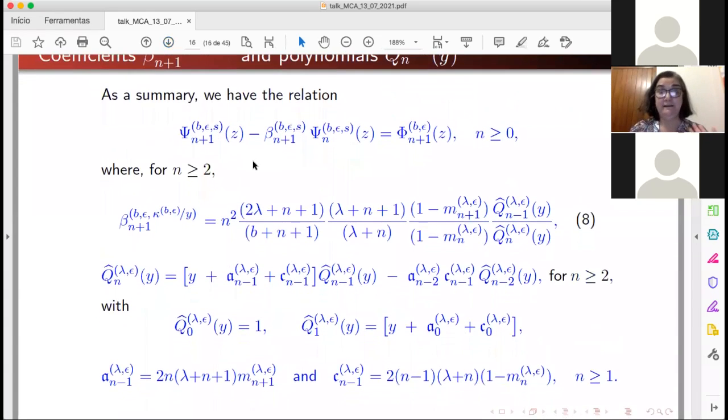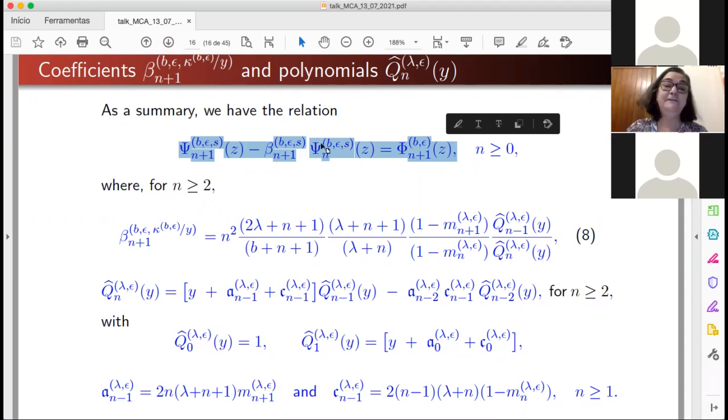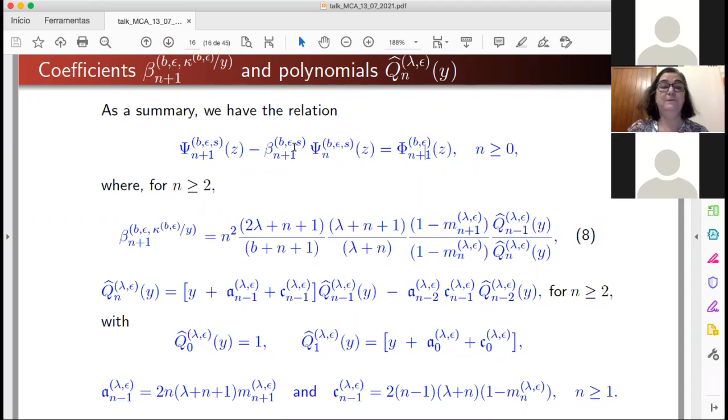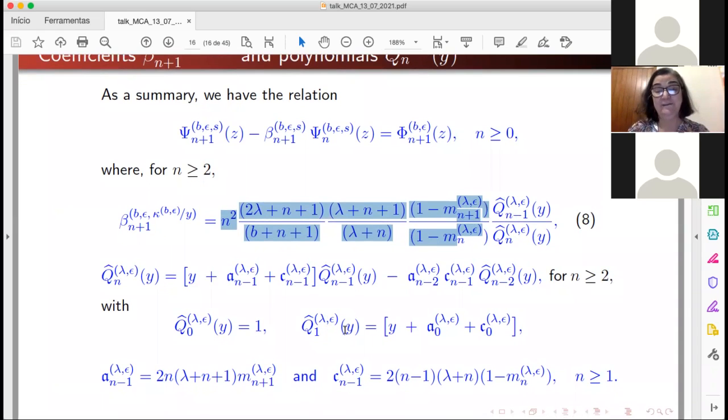Let me just make a summary of what we have until now. We have the Sobolev orthogonal polynomials, which can be written in terms of one orthogonal polynomial. The connection coefficients here can now be constructed by this fraction, where the polynomials q hat satisfy this three-term recurrence relation.